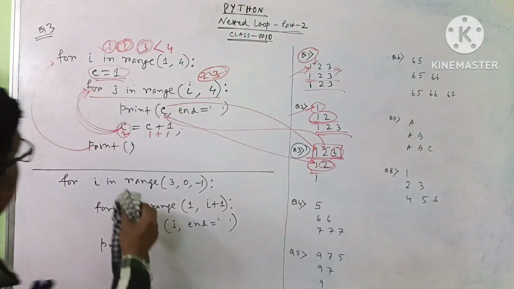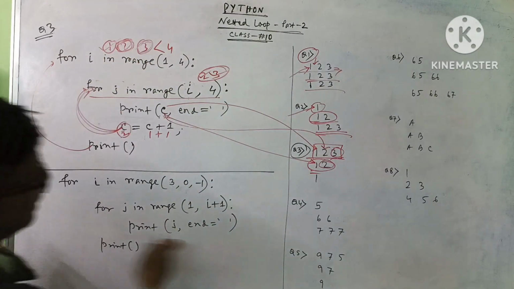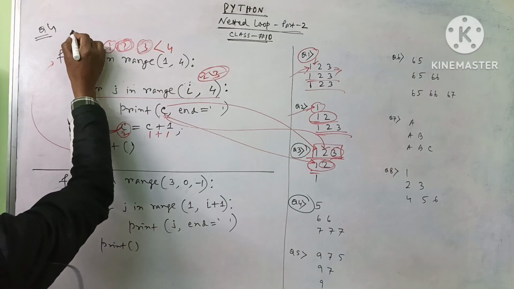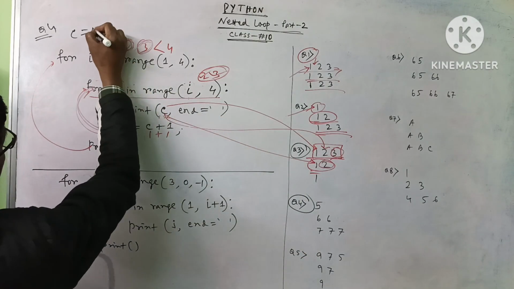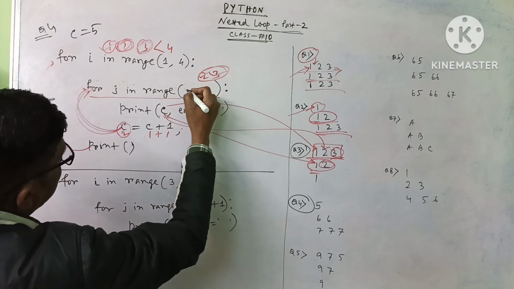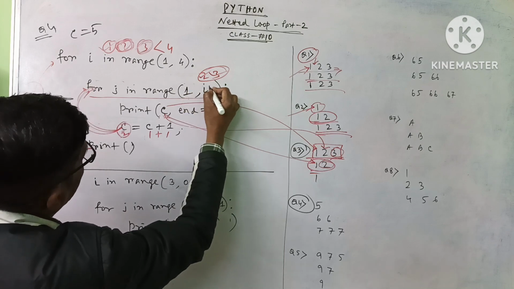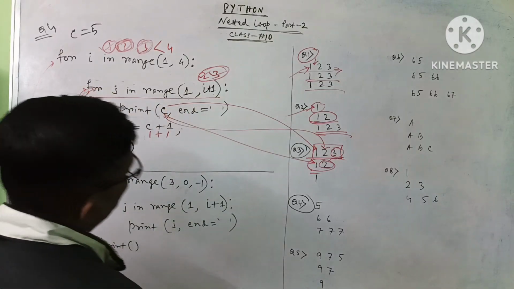So if I show you this program, that time you write this C counter, we are doing number 4. Suppose C equal to how much is given? 5. So this 5, each and every time this will be 1, and this is I plus 1. So if you write this program, what will happen?